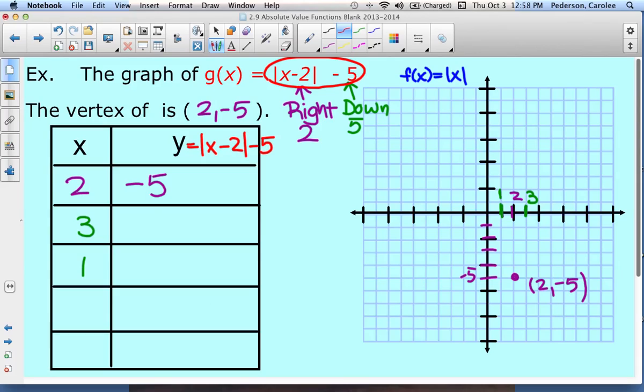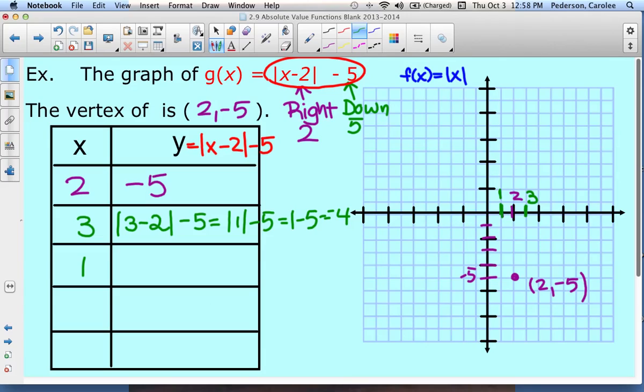I'm going to replace every x with the numbers that I've chosen right and left. So now let's evaluate this function for 3. Replace the x with 3, minus 2. Now we are going to simplify that. So the absolute value is 1, minus 5. 1 minus 5 is -4.